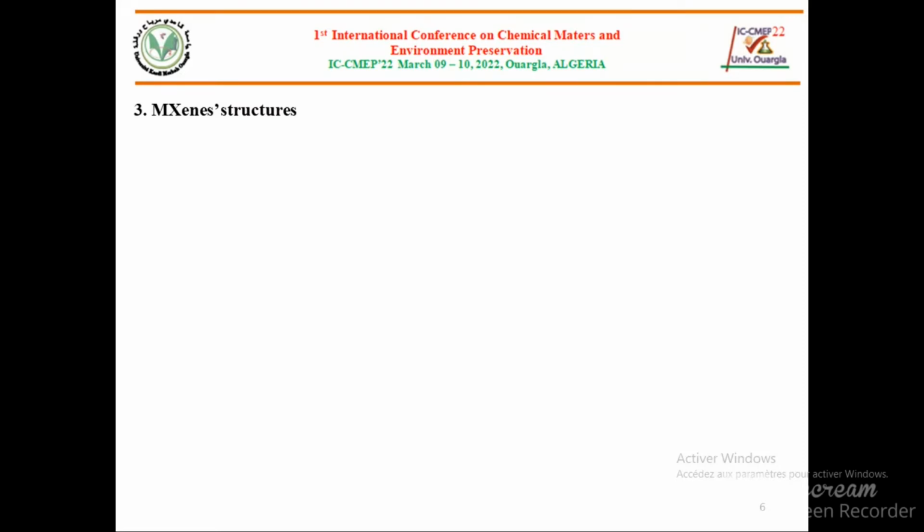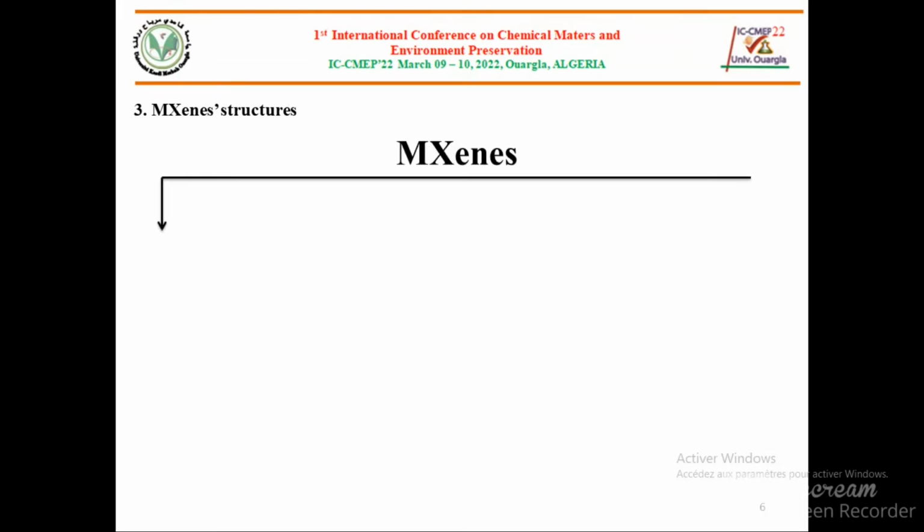Computational simulations are extensively used to understand MXene structure and to propose new possible stable compounds, aiding experimental development. Through these studies, it has been indicated that MXenes can be found in 6 possible structures.